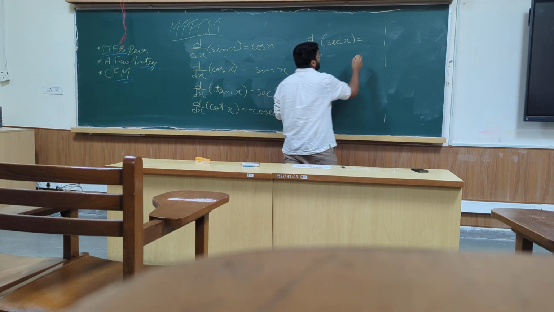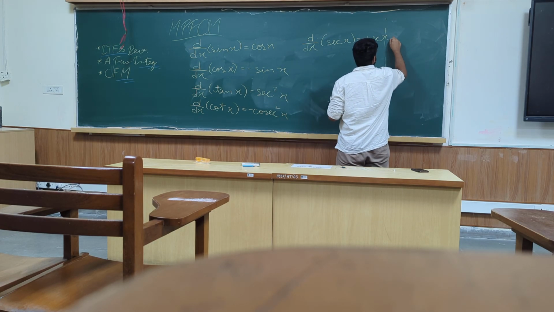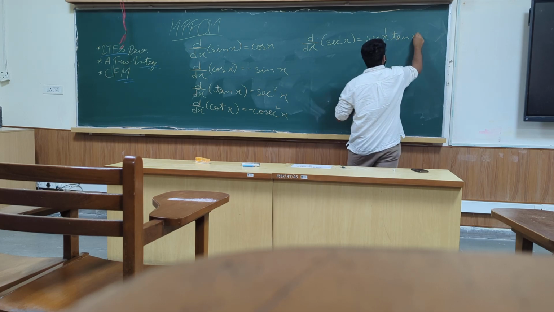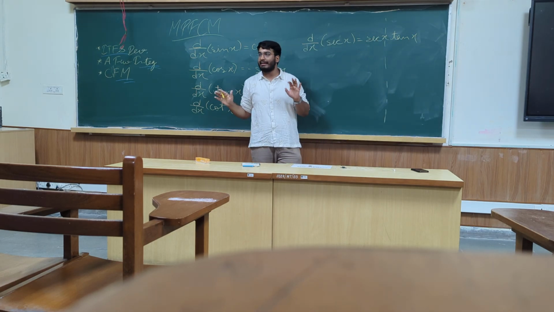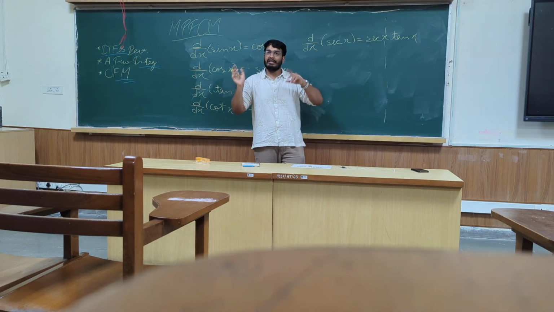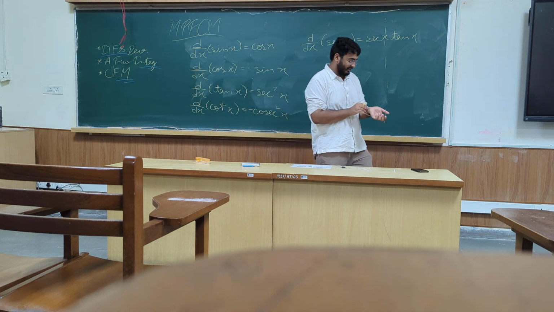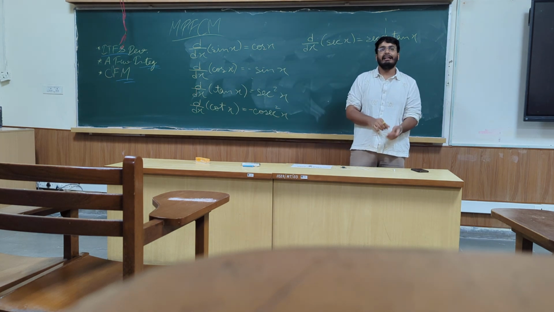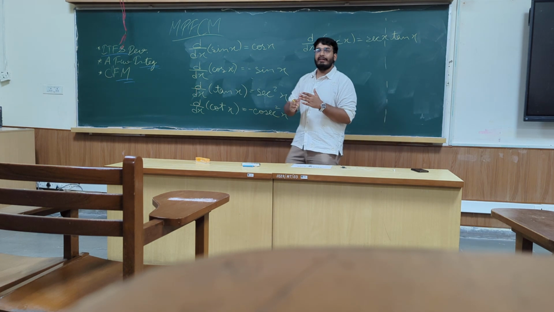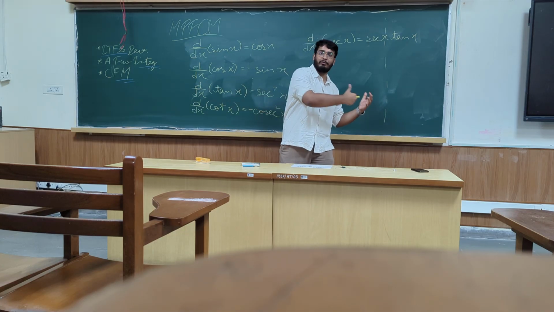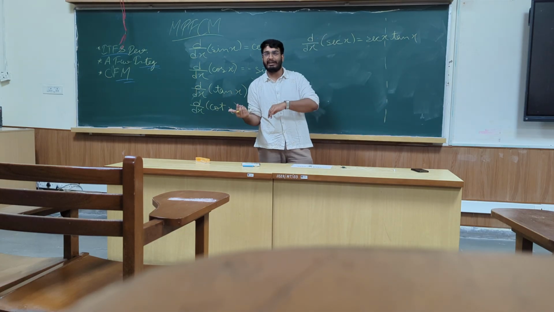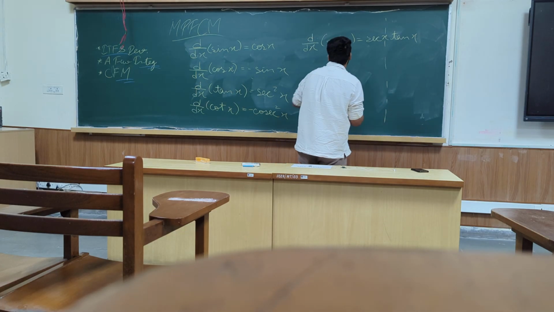Minus ln secant x. I heard an ln there, and that is completely fine, but be clear, that is exactly why I am reiterating the derivatives, so that you are very clear about what's the derivative of what and what's the integral or antiderivative of what, because you might get confused there.